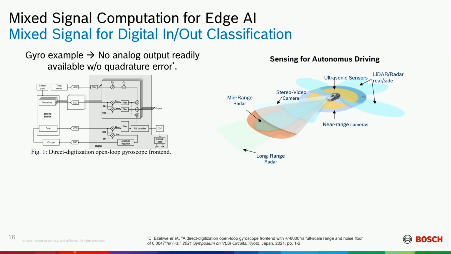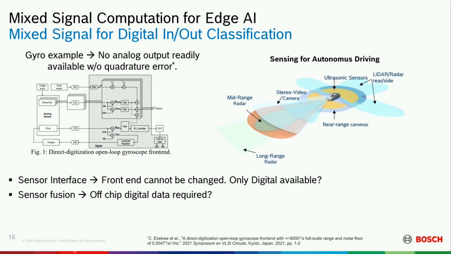So now moving on to in-memory compute, which is mostly where I've been working the last couple years. This is where the sensor interface may not be able to be changed. Like we have some gyro designs where it's basically all digital in the front end.